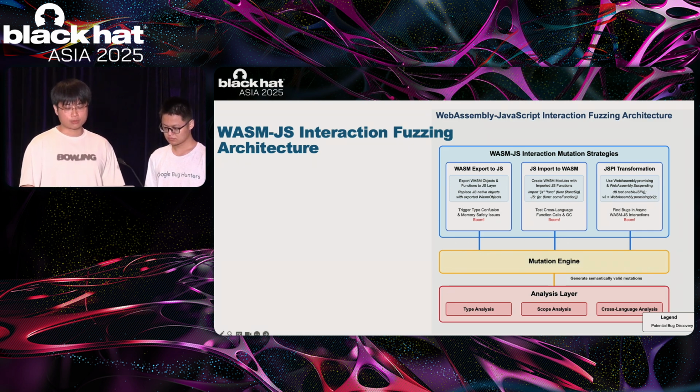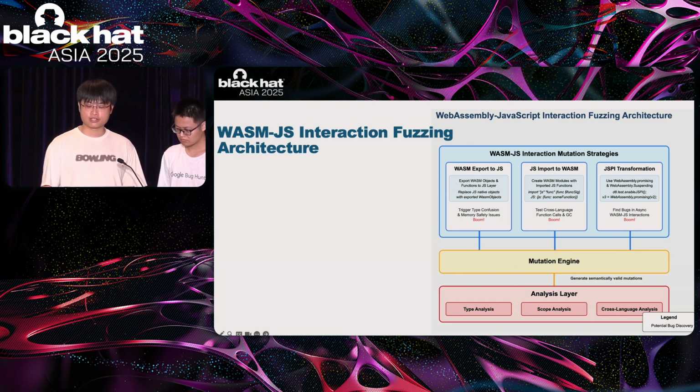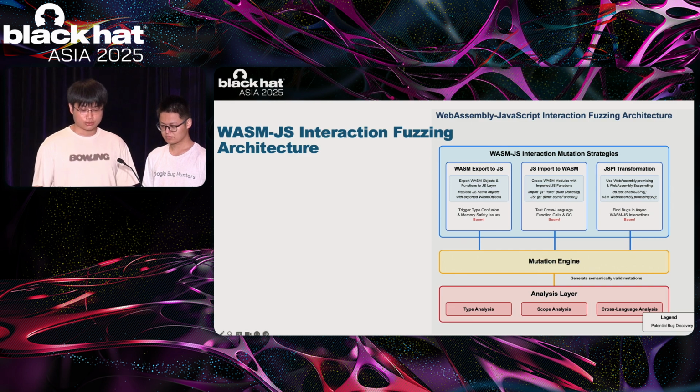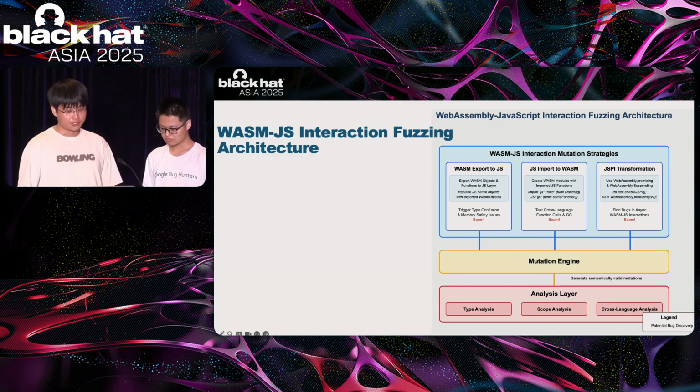This helps uncover potential memory corruptions and vulnerabilities caused by improper reference management or incorrect type checks. Finally, we introduced JSPI mutation by leveraging WebAssembly promising and WebAssembly suspending to automatically insert and modify asynchronous boundaries. Since many JS engines still have incomplete implementations of JSPI features, this approach exposes previously unknown security flaws.